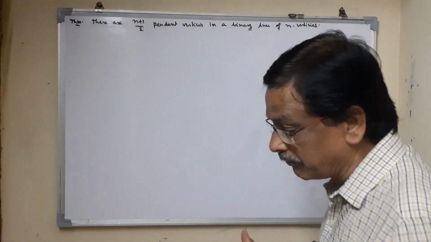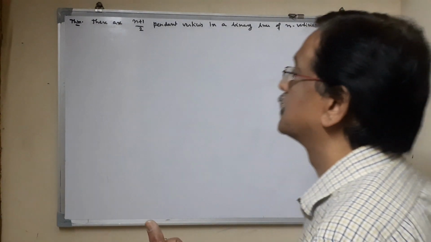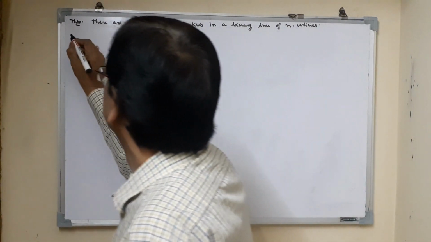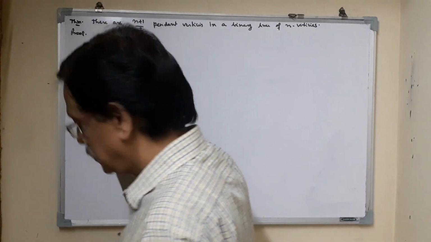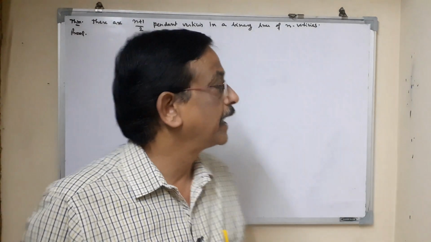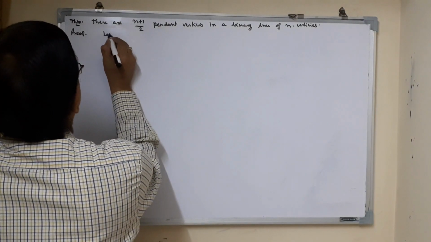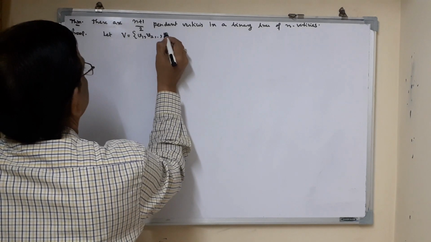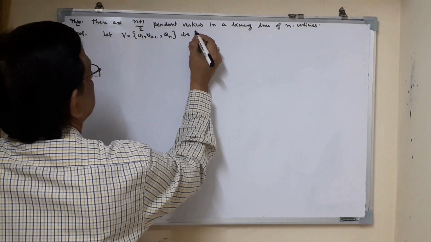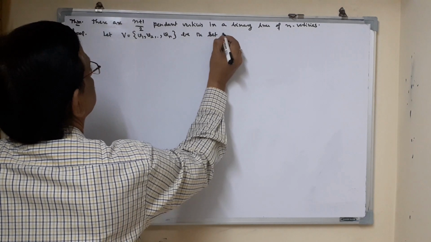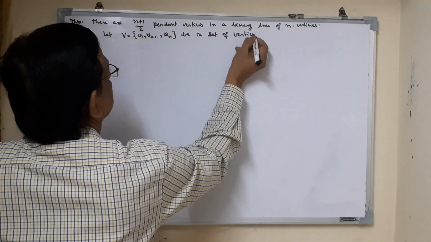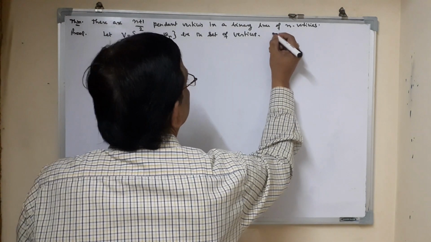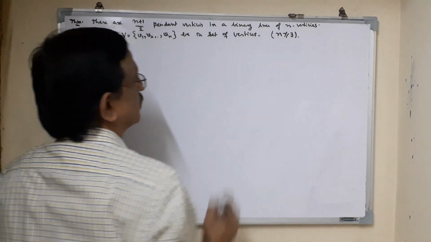So I have n vertices in a tree, then I must say that there are (n plus 1) by 2 pendant vertices. Let us again enumerate. Let V equal to V1, V2, up to Vn be the set of vertices. So there are n vertices and clearly n greater than or equal to 3. That's our definition of a binary tree.